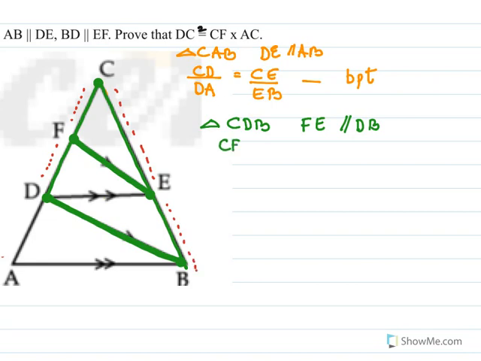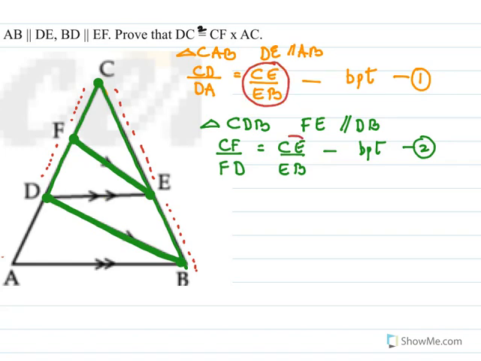So we write CF over FD equal to CE over EB, by BPT. This is equation 2. Here I will put equation 1. Now look very carefully at the equations, and you see there is something common. There is CE over EB here, and CE over EB here.